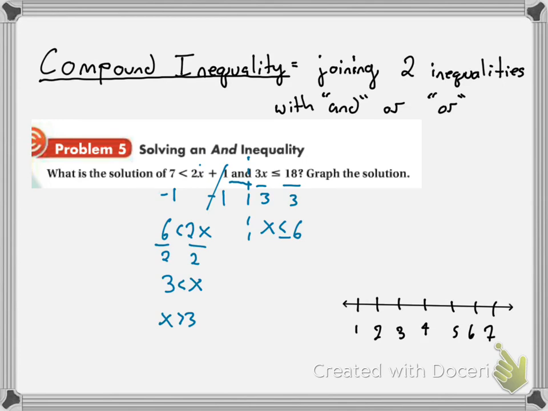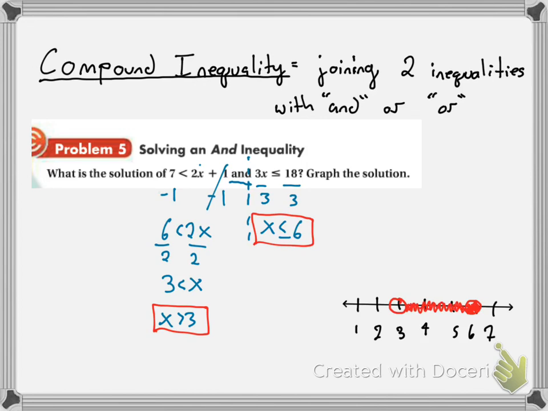So I'm left with these two inequalities. I can have any value of x that's greater than positive 3 and less than or equal to 6. I'll start by graphing 3. I'm not going to fill it in because it's just greater than. I'll shade up until I get to positive 6, and I will fill that in.